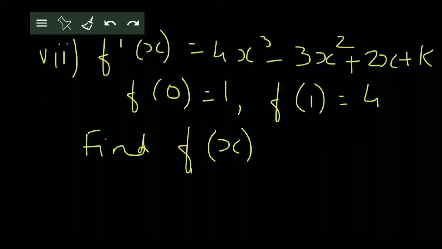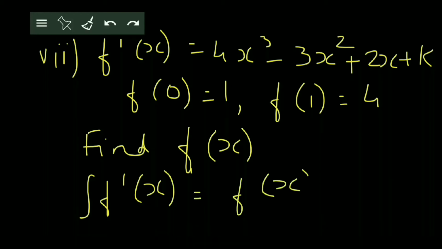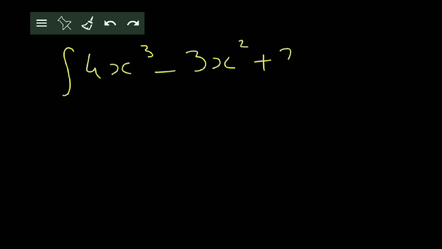So in this case, again we begin in the same manner, that is we write the integral of f dash of x, which comes out as f(x). So we already know the value for f dash of x. So we integrate that particular function, which is the integral of 4x cube minus 3x square plus 2x plus k, which becomes f(x).